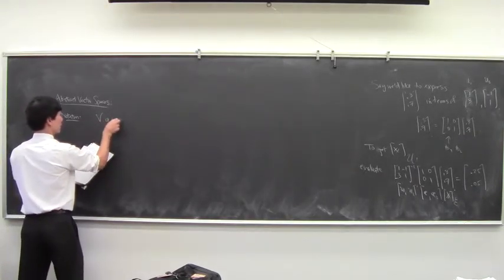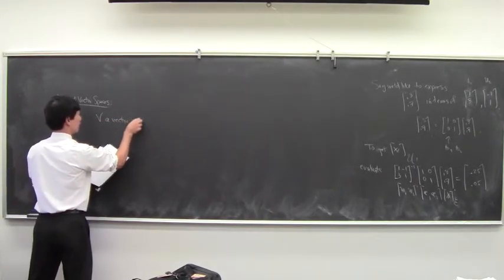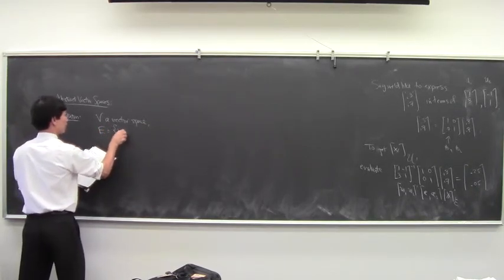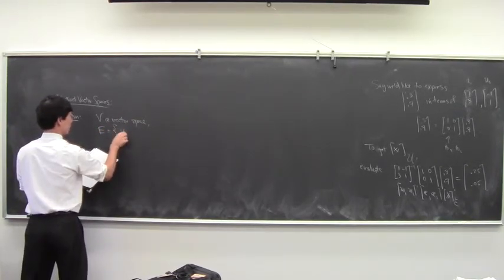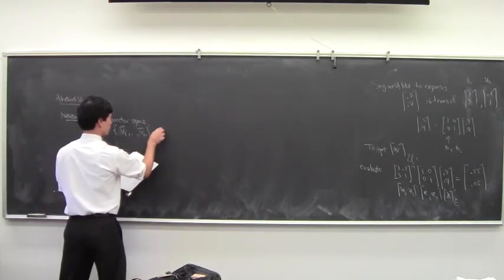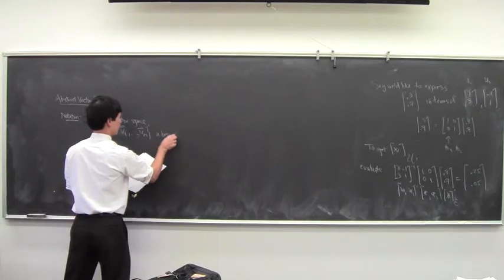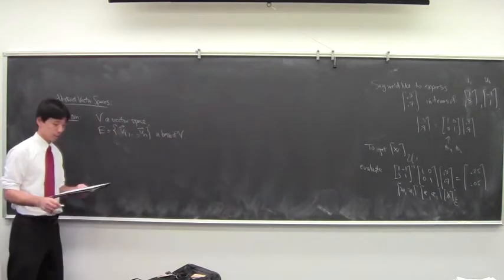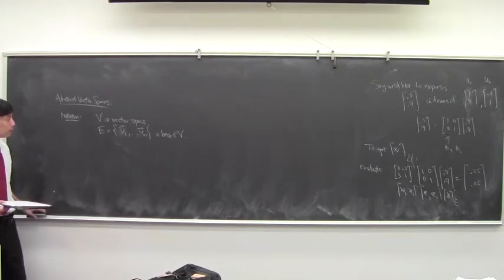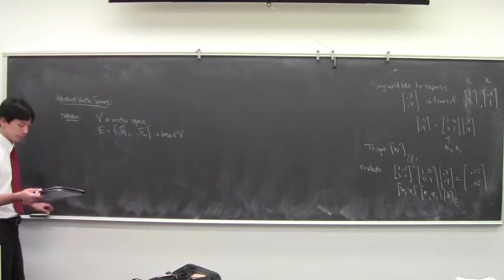Let V be a vector space, and you have a basis. These vectors are not column vectors. These are just some vectors in the abstract vector space.